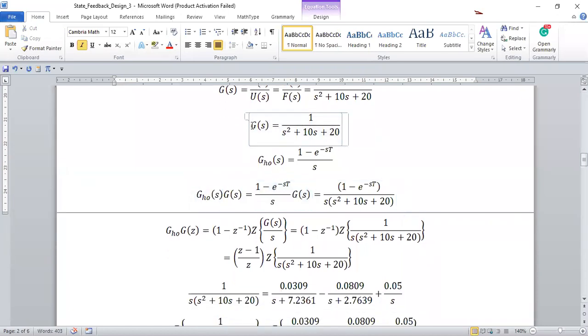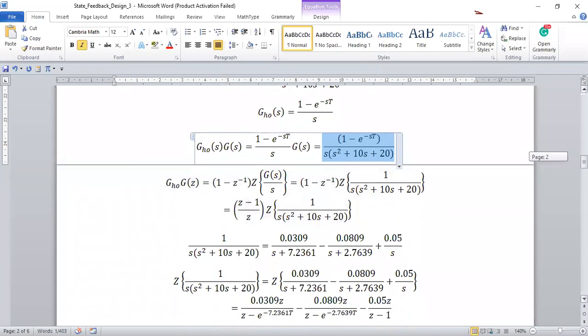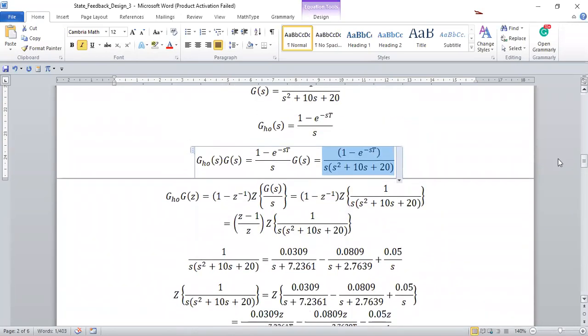And this is the transfer function we got. You simply apply this transformation to the transfer function, multiply this and this together, and you arrive at this. The next step is to convert it into the Z domain. The transfer function we get after converting to the Z domain is actually a new transfer function, not the one we got last week.